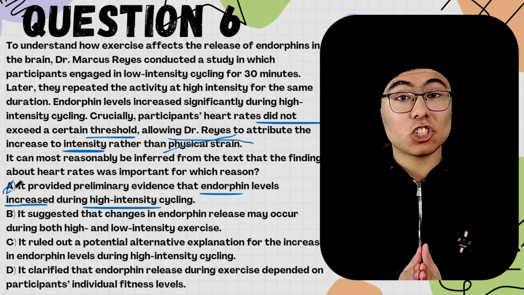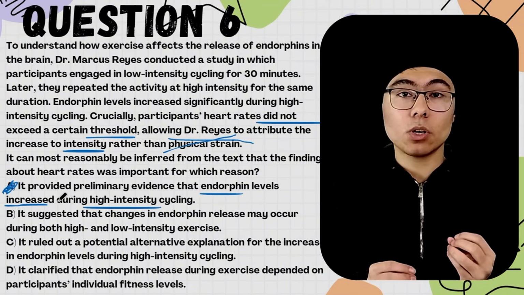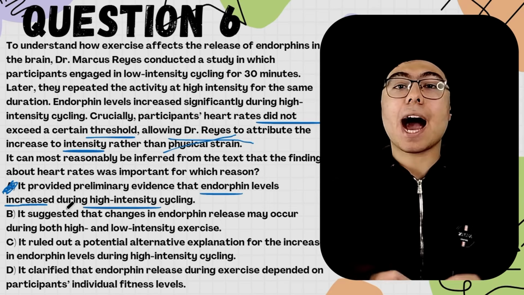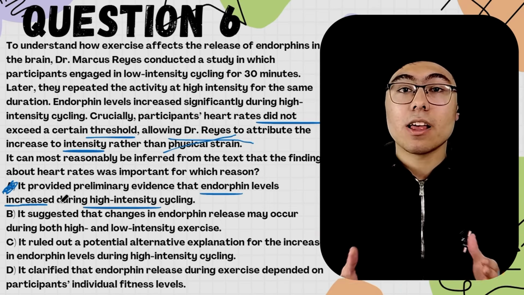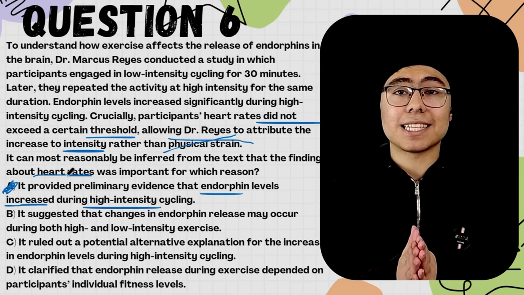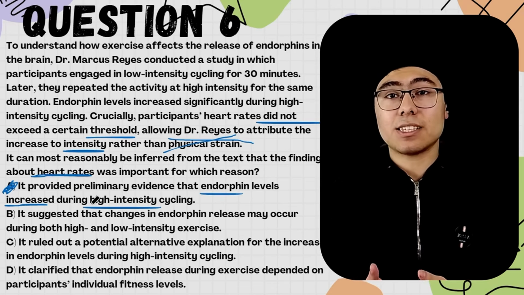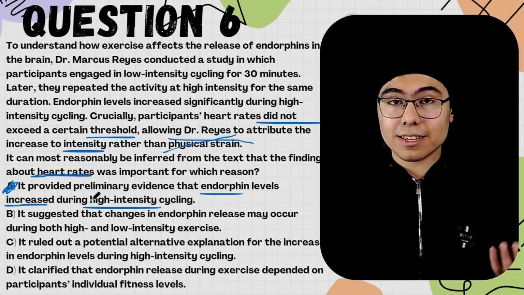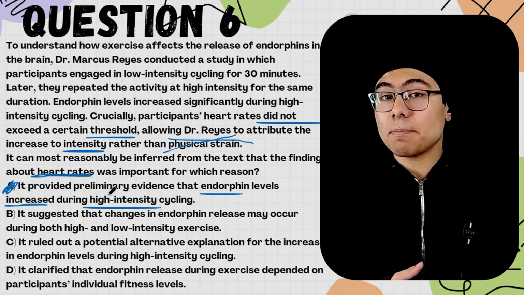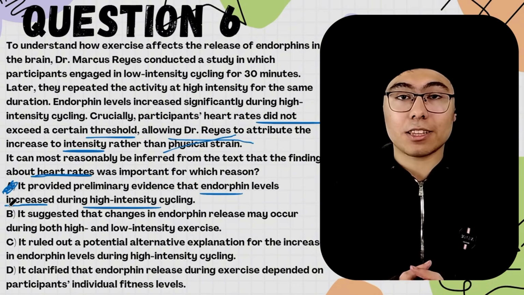Nope, the passage already told us the endorphins increase during high-intensity cycling. The heart rate finding isn't giving us that information. It's telling us why the increase happened. So we can literally eliminate this choice.